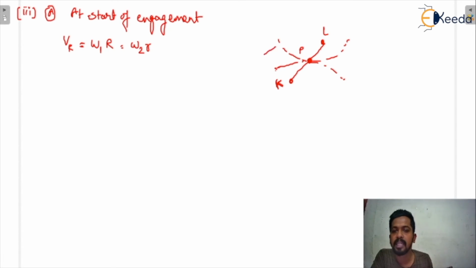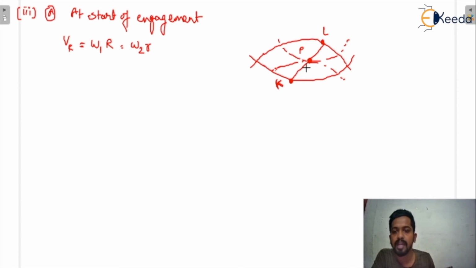So l is at the addendum circle of the pinion, and k is at the addendum circle of the gear. These things we have studied in the theoretical part. So k is the start of the engagement, and l is the end of the engagement.